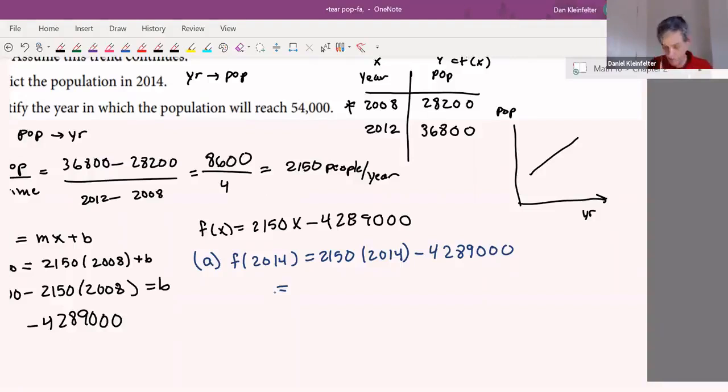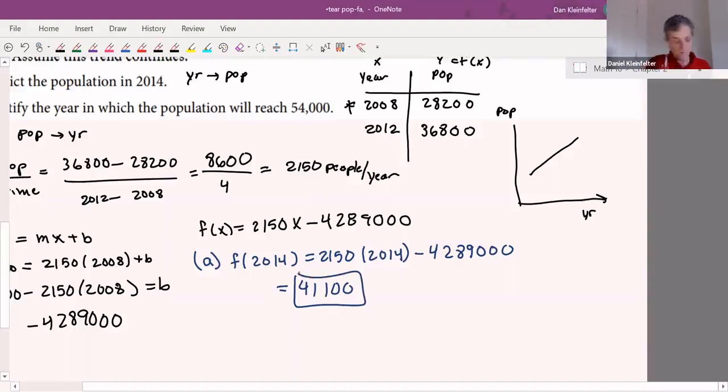Okay, and that looks like 41,100. Okay, so now to do part B, instead of knowing the time, in part B, we know the population. So we want to work backward and figure out the year.